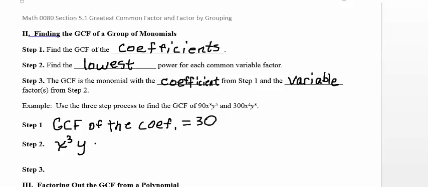We have y to the fifth in the first monomial, y to the third in the second monomial. So the lowest appearing power is the power that goes on y in the GCF. So the GCF of 90x cubed y to the fifth and 300x to the fourth y cubed is 30 x cubed y cubed.